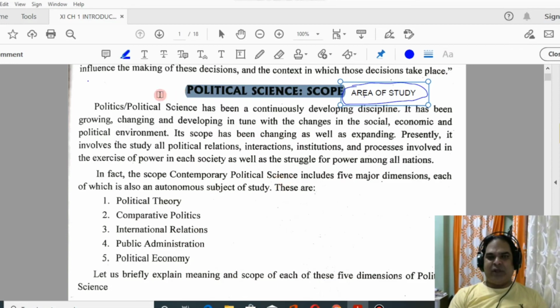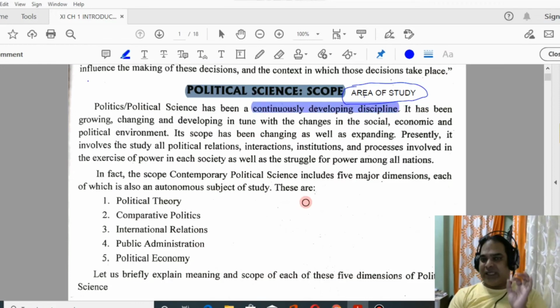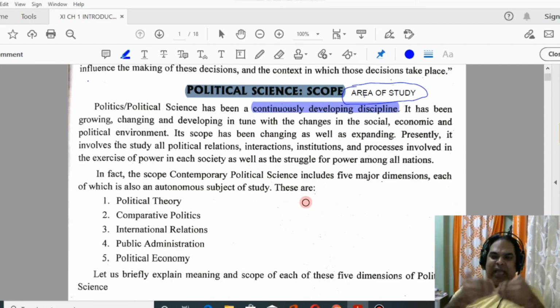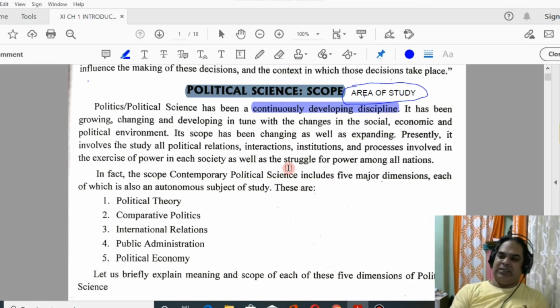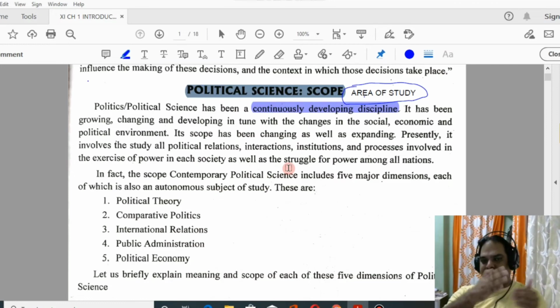So that is why, in the first sentence you can see here, political science has been continuously developing. New things are being added. Modern philosophers are adding to the subject. Modern political scientists vary in opinion with the traditional political philosophers, but the study of political science is improving, developing, as well as expanding.